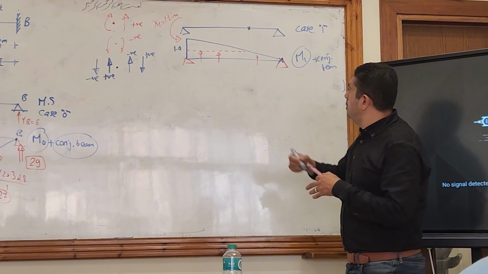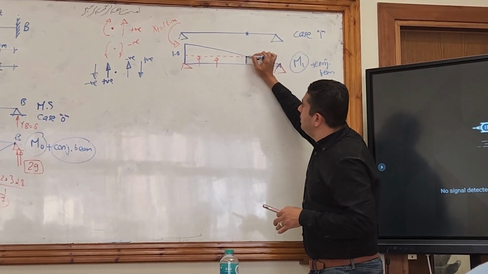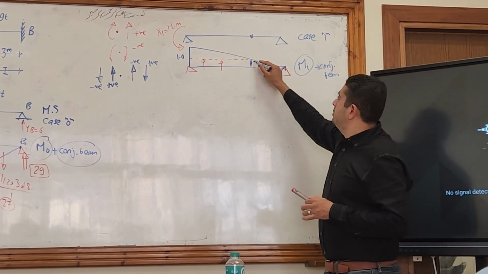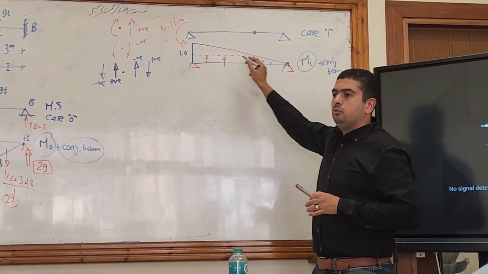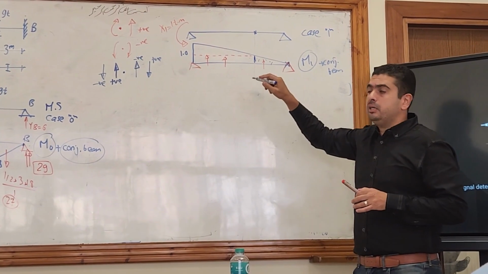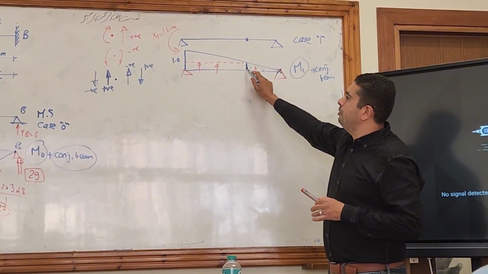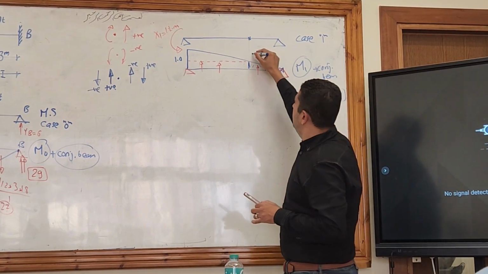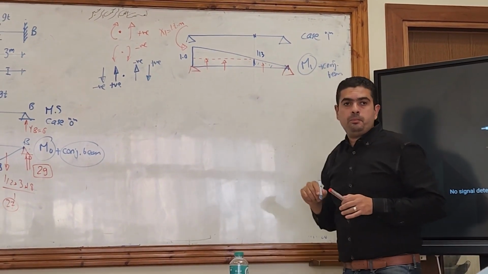So I need to know what is this value, right? Similarity, small triangle with the big triangle. So how much will this be? 1/3, yeah, it will be 1/3.